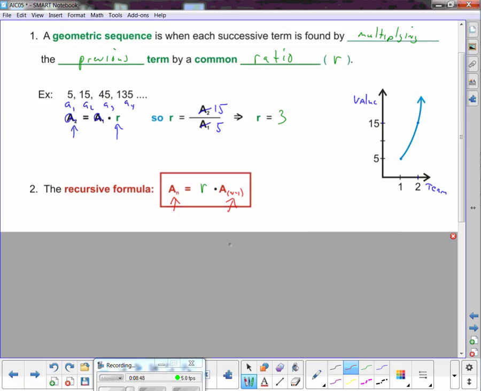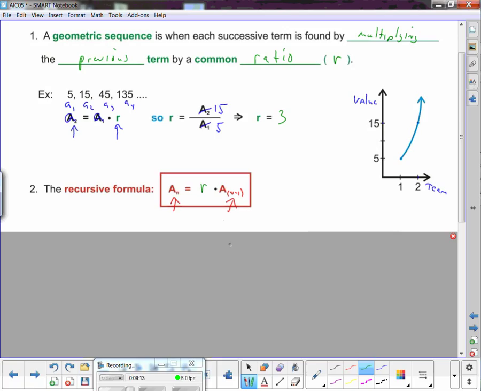If I know the 50th term, I can multiply it times R and get the 51st term. If I know the 100th term, I can multiply it times R and get the 101st term. If I know the 87th term, I can multiply it times R and get the 88th term. But I've got to know the previous term to use the recursive formula. That's the restrictedness of it. I can get a term, but I've got to know the previous term to be able to get the next one. That's the recursive formula.